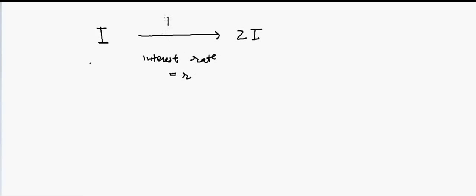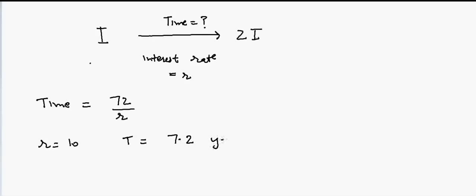So we want to know how much time it will take for this investment to become two times, and there are certain ways to calculate this, but if you use this trick, the approximate time can be calculated very easily, and the time will be equal to 72 divided by R. So for example, if the rate is 10, then time will be equal to 7.2 years. If the rate is 20, then time will be equal to 3.6 years.